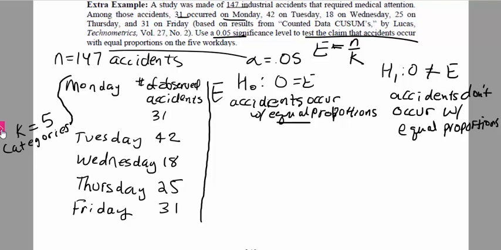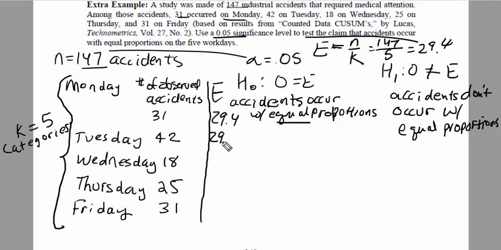All right, so I'll try to make that look a little bit nicer for you. There we go. So there was 147 over 5 days. That's 29.4 accidents expected each day.